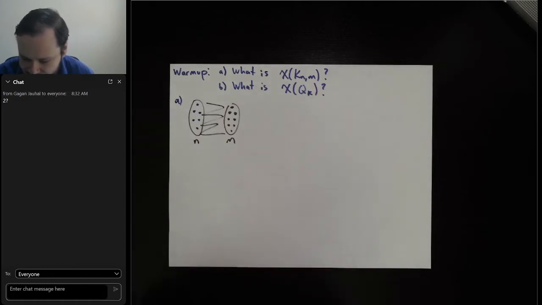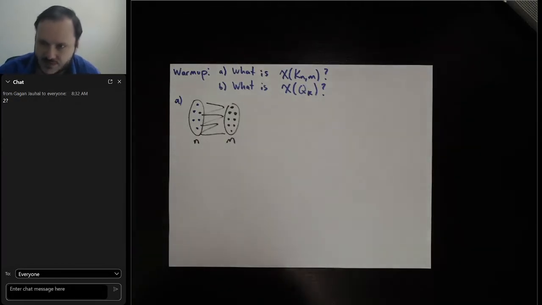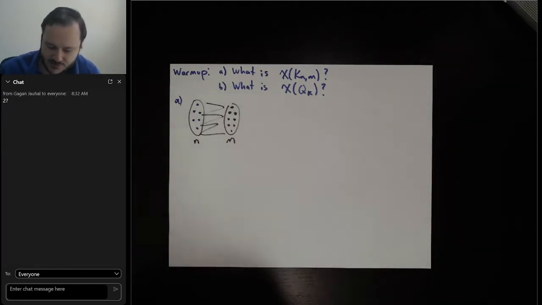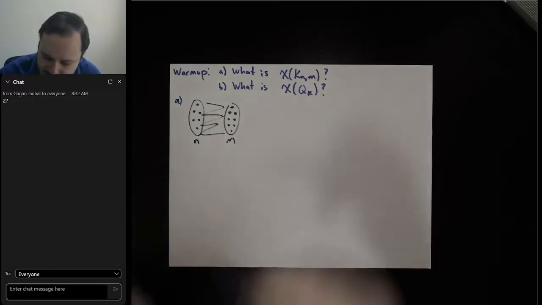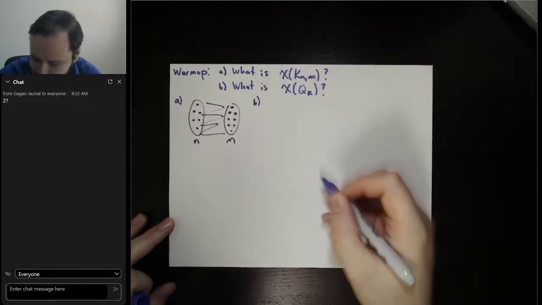How about the chromatic number of the k-dimensional hypercube, Q_k? So here, remember, I've got a vertex for every string of zeros and ones.